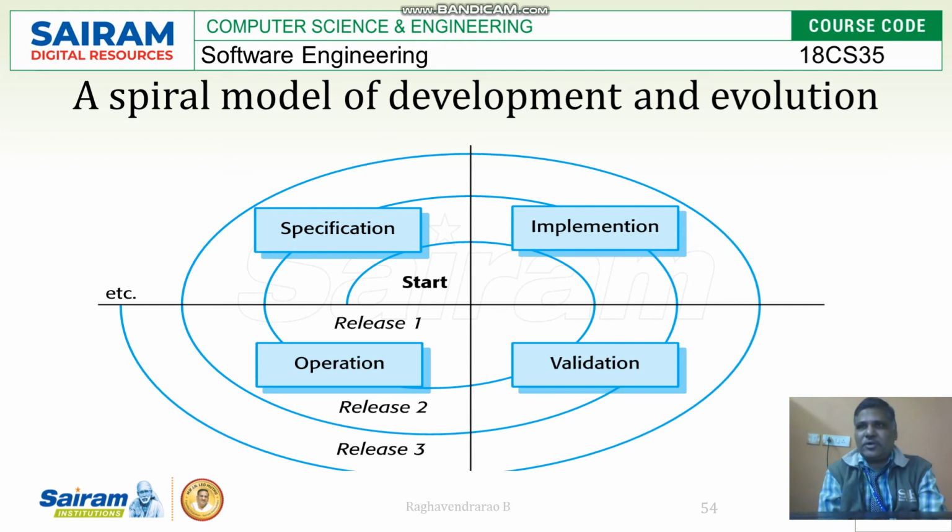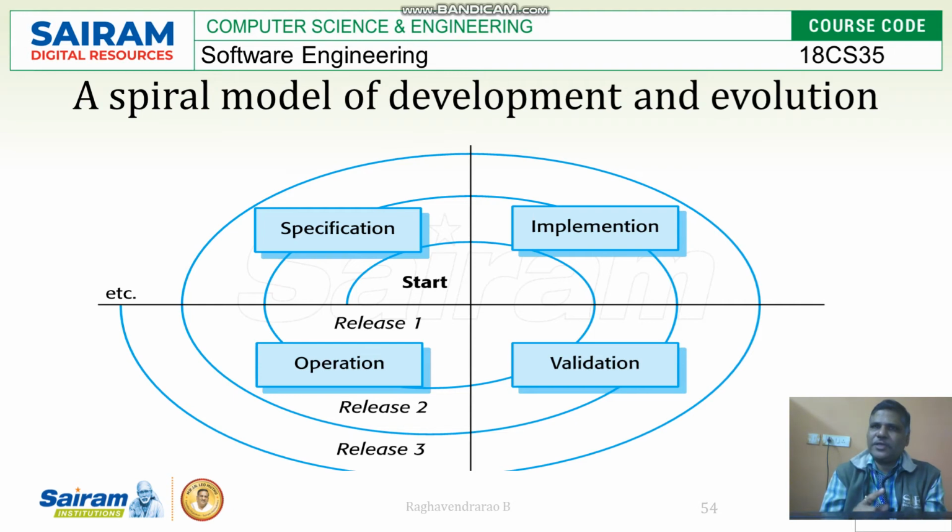Here in the spiral model we can show how the evolution is going to take place. You see here in the spiral model, specification, implementation, validation, operation, these are the 4 stages. When the first stage completes, that is release 1. Again specification will come, a new change is going to occur, again the implementation, validation and operations of that, then the second release appears.